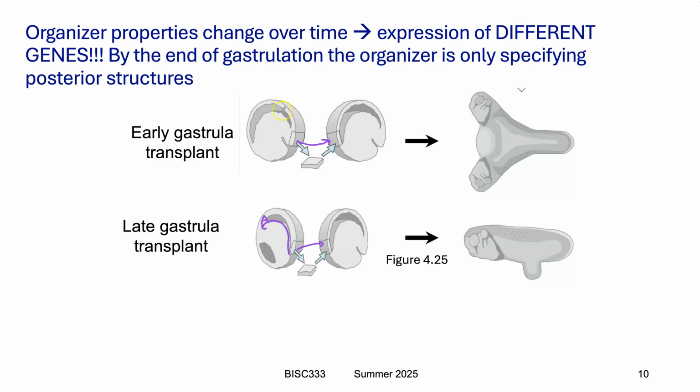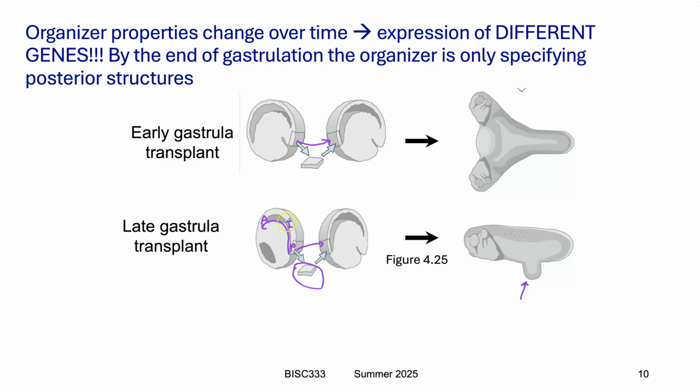And then the next batch of cells get intermediate specification. So you're not anterior or posterior, you're kind of in the middle. And then the cells that come around and enter the embryo towards the end are getting posterior information. So when you transplant the dorsal lip at that time, what you see is just an extra tail, and so a duplication of the posterior instead of the anterior.